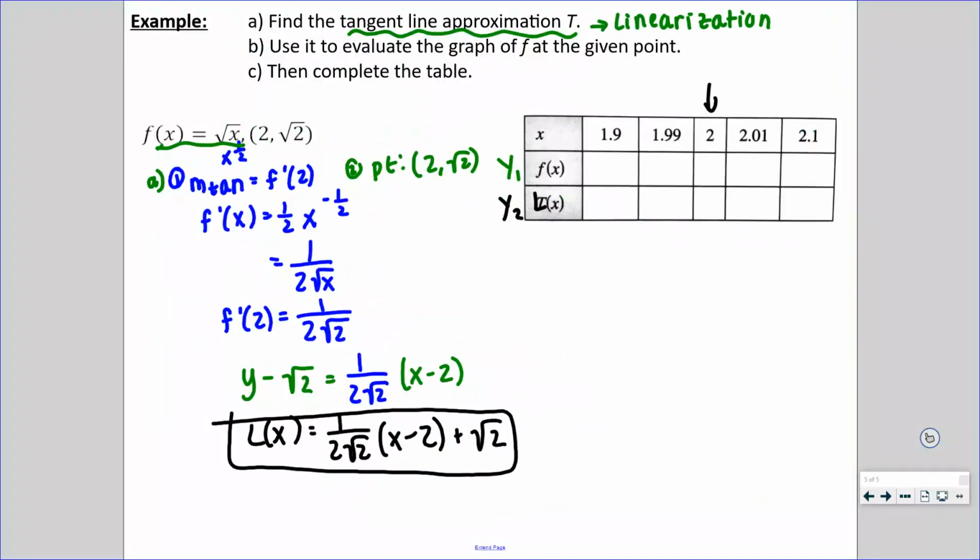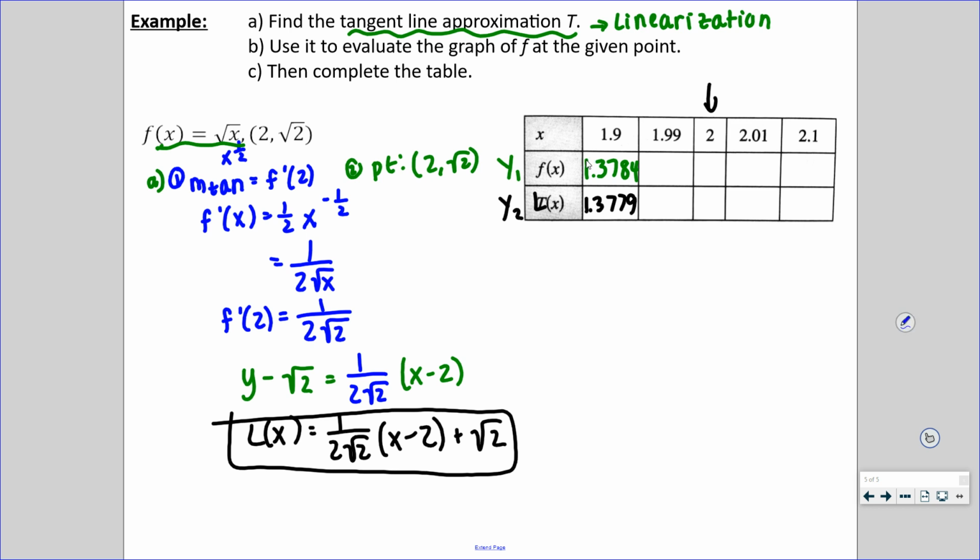For the actual value at 1.9, I got 1.3784. The tangent line, the linearization, I got 1.3779.